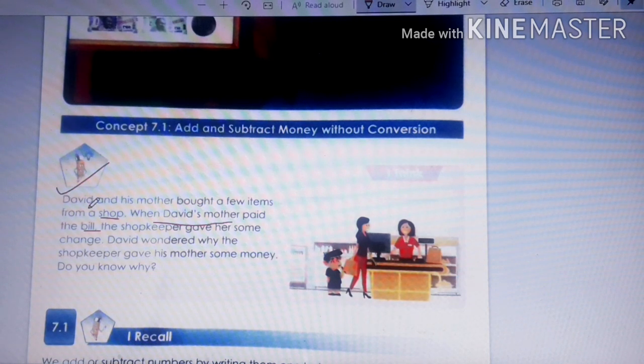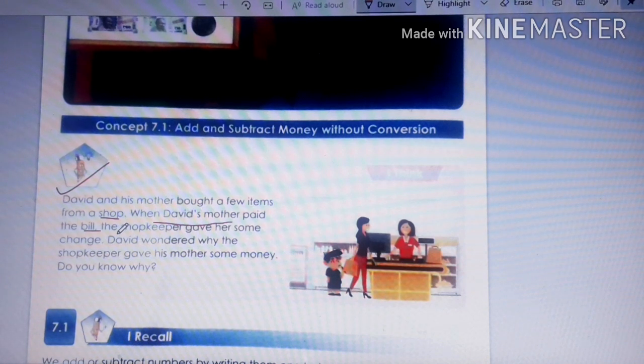A small story. David and his mother bought a few items from a shop. When David's mother paid the bill, children, you must have seen when your parents buy items from the mall or any store, they get a bill showing what amount they have to pay.